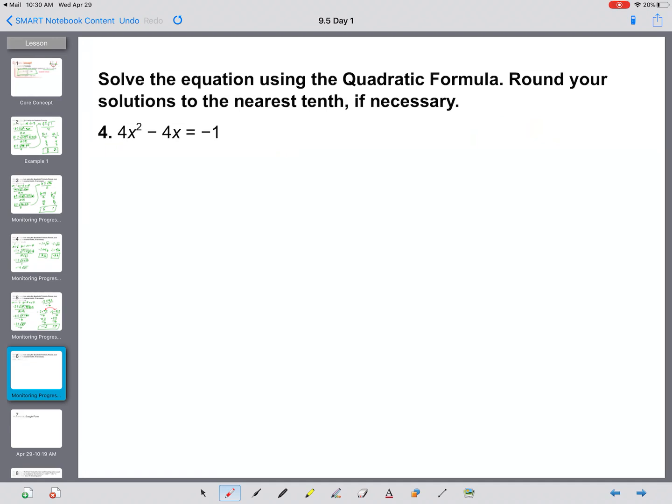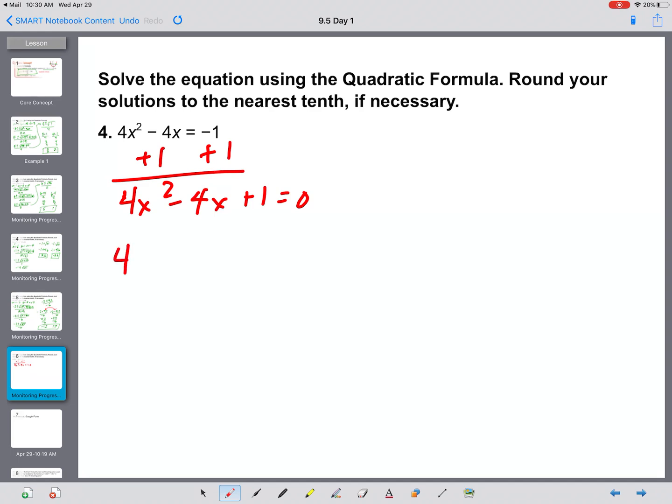Okay, we got one more. Here's our issue. It's not equal to 0. So I got to make it equal to 0 by adding 1 right away. So then I know A is 4, B is negative 4, C is 1.